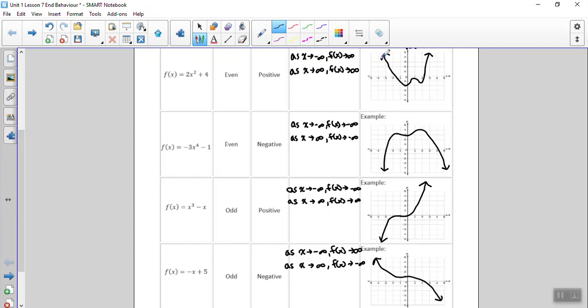So even functions have the same end behavior, and positive is going to go up, negative is going to go down. Your odd functions are going to have 2 different end behaviors, opposite directions. And this is positive, so eventually going up, and negative is eventually going down. Your job is to remember how to write this answer.